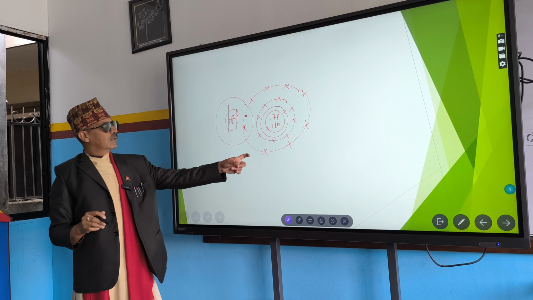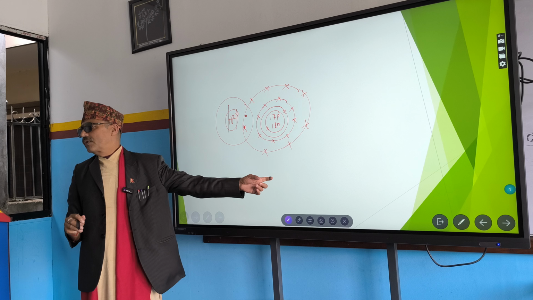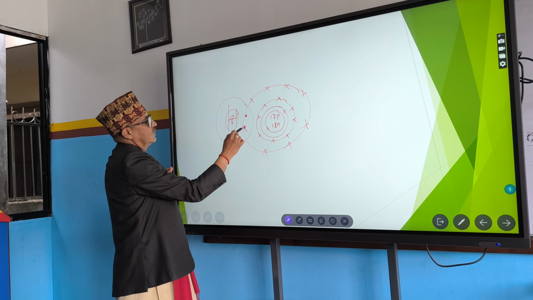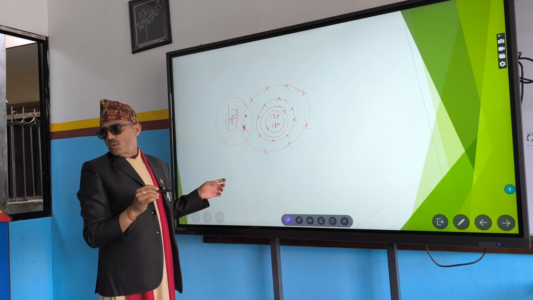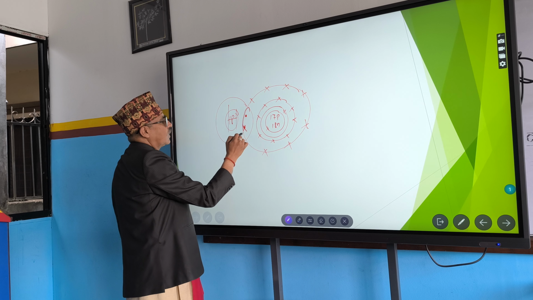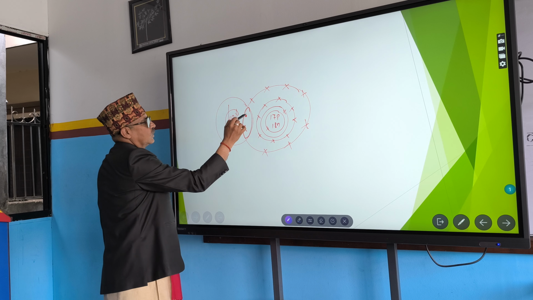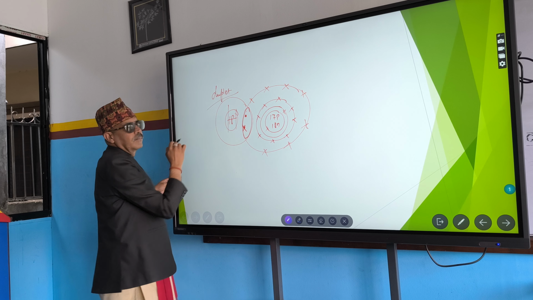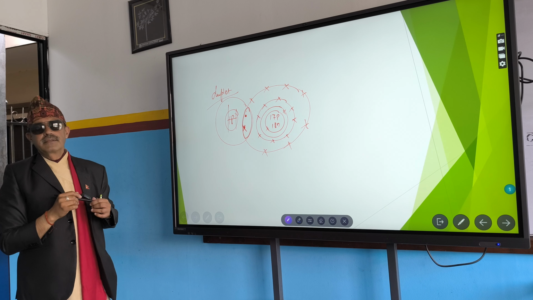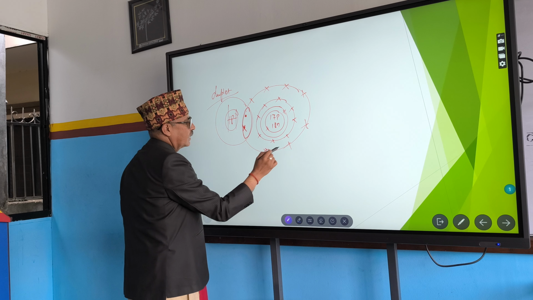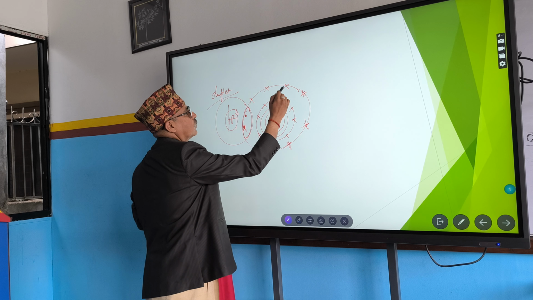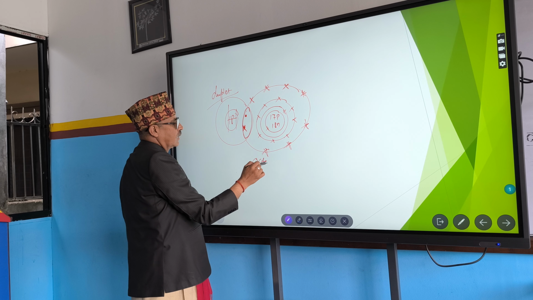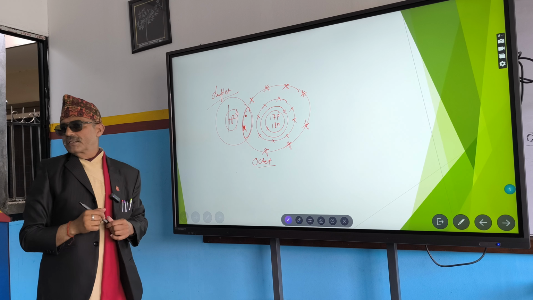Why did I show it differently? So that it will be easy for you. This is the electron of hydrogen, this is the electron of chlorine. Now they are sharing this one pair of electrons. For hydrogen, 1, 2, it will be in duplet state. For chlorine, 1 to 8, octet.